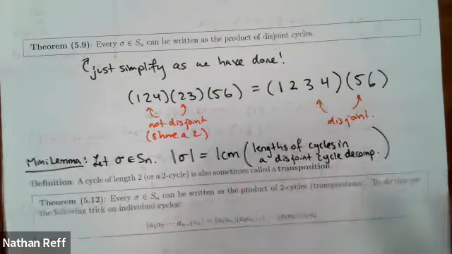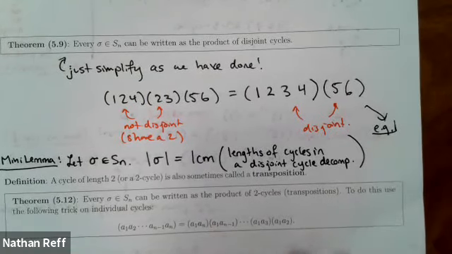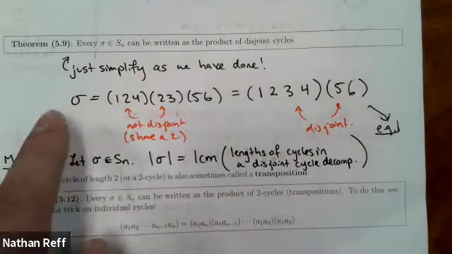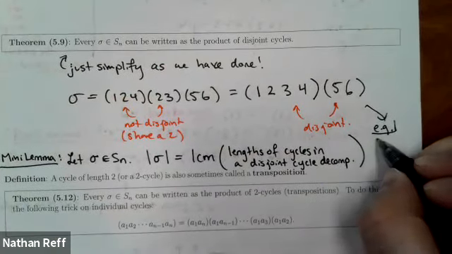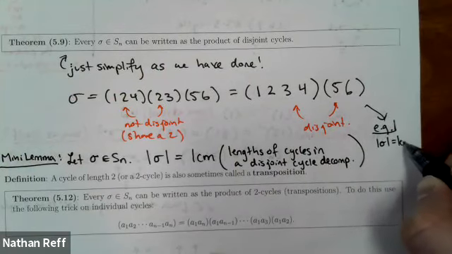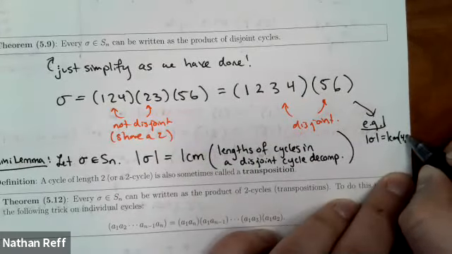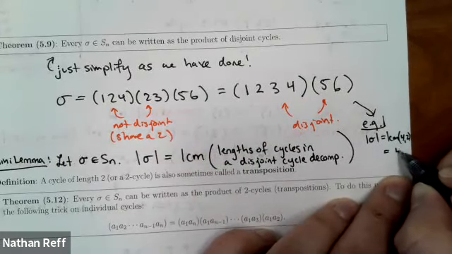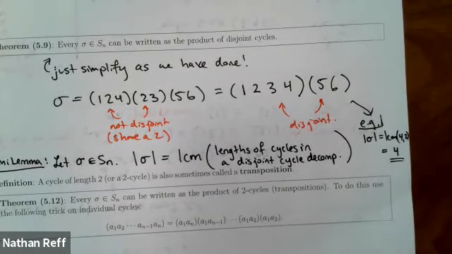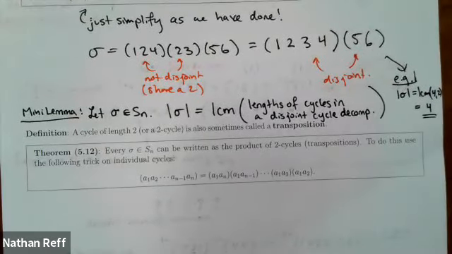So for example, for this one right here, let's call this sigma. The order of sigma in this example would be the least common multiple of just 4 and 2, so it's actually just 4. It's kind of interesting if you start to think about why that would have to be.